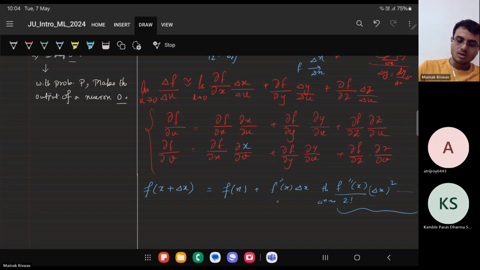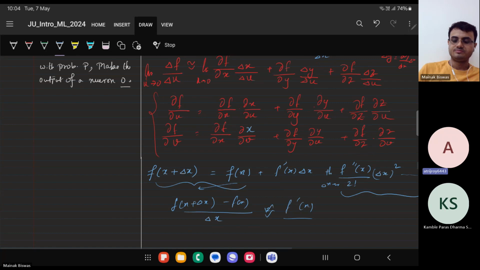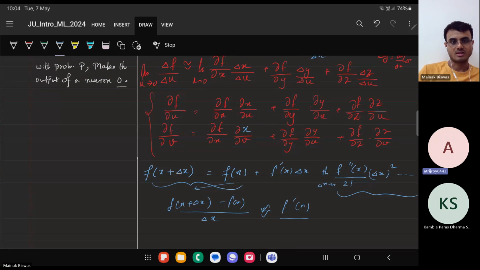So you see, now if I put delta x this side, f(x plus delta x) minus f(x), divided by delta x, is approximately f'(x), right? That is the definition of the derivative. Exactly.